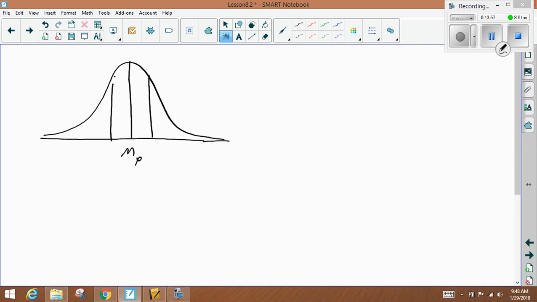That's going to be represented by our standard deviation, right? So over here, this interval is going to be the square root of p times 1 minus p, all of that over n, right? And over here, we'll have the same interval. So we'll assume that this is 1 standard deviation away.